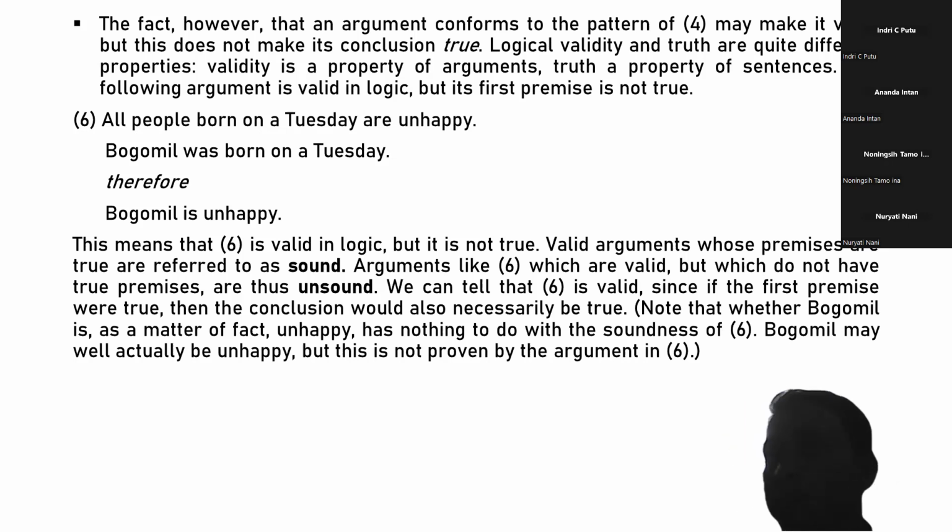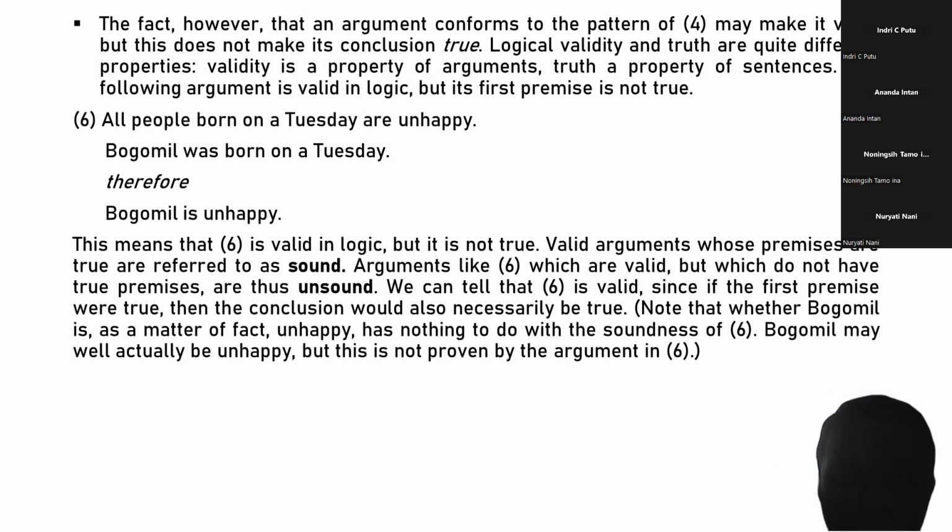So you have to be smart and tactical in defining the conclusion, making the last argumentation from these two premises. Okay, please have a look. So that Bogomil is unhappy.